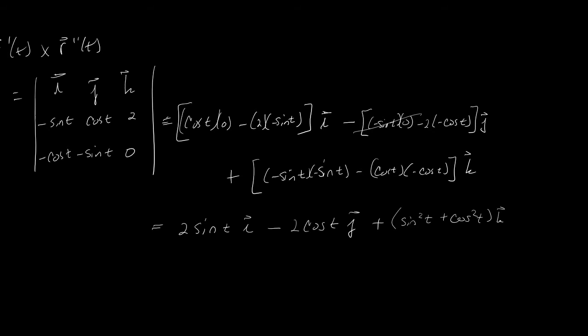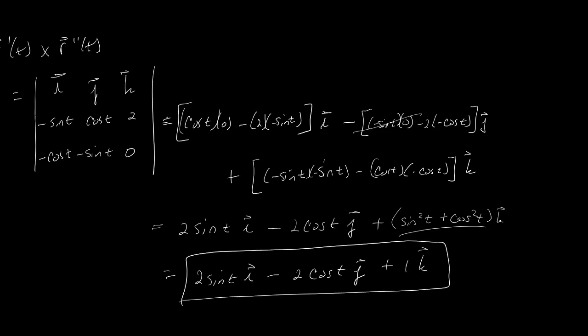But we should all know that sine squared plus cosine squared is equal to 1. So this is 2 sine t in the I direction minus 2 cosine t in the j direction plus 1 in the k direction. And there is our cross product.